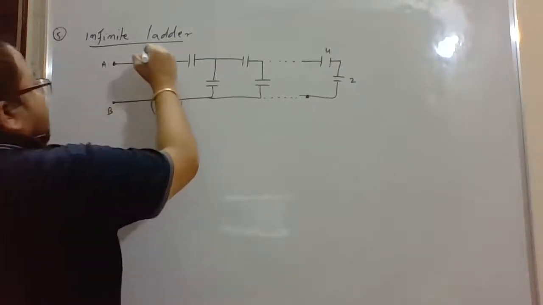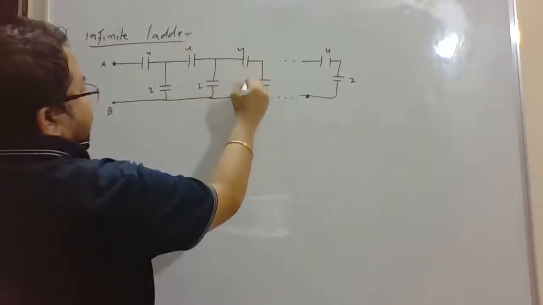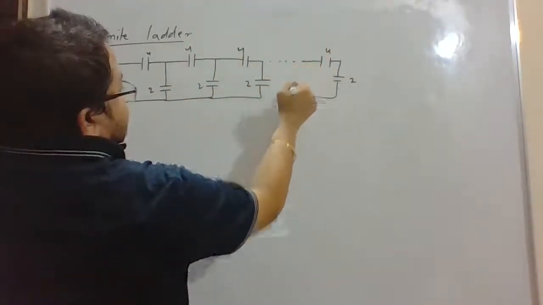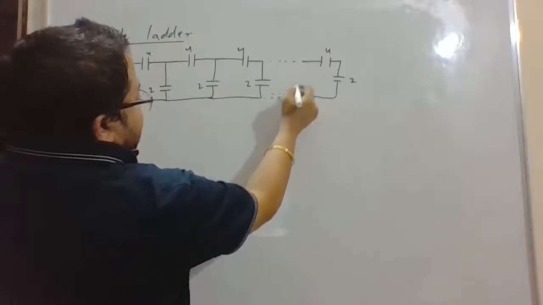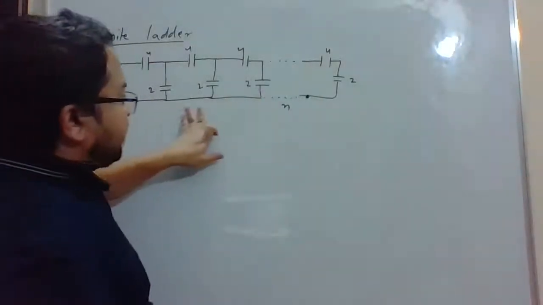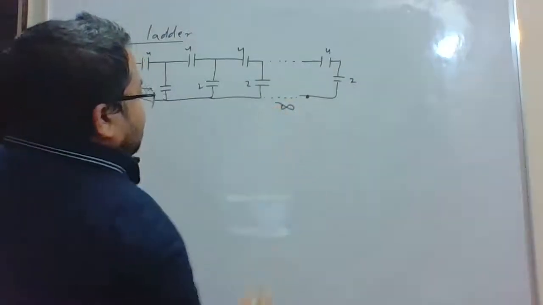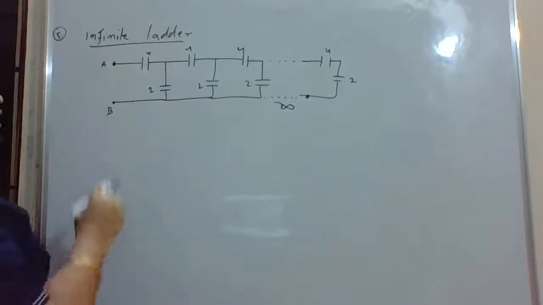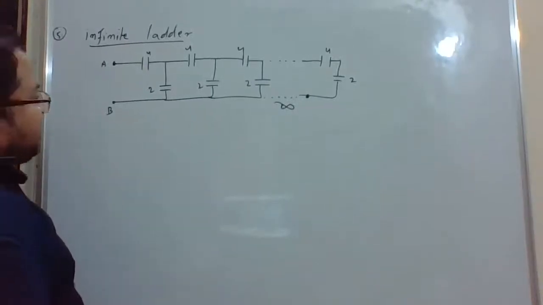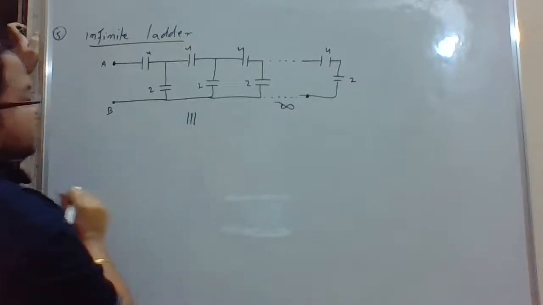So assume all these are 4, 2, 4, 2, 4, 2, like that. Suppose you have n number of loops. Now if there are infinite number of loops in this ladder, then how do we find it? We use a small trick here. We'll just draw an equivalent capacitance of it.